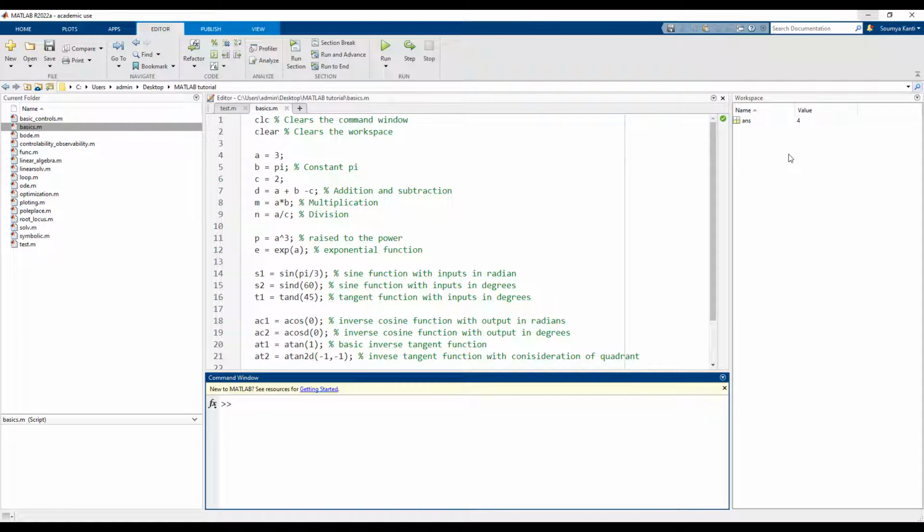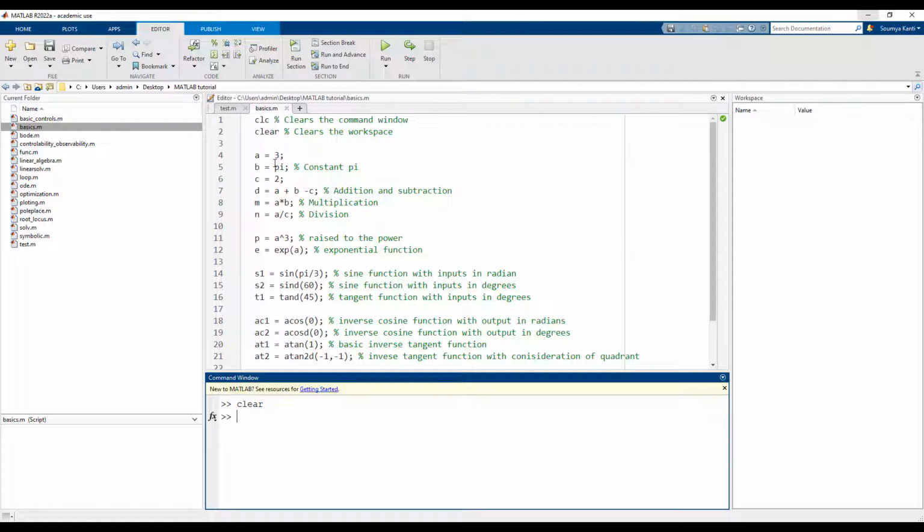The workspace also will get filled up with the values of the variables you are assigning. So you can also clear the workspace, and that function is clear. That's why I have added these two at the beginning of this file, so that it happens every time.